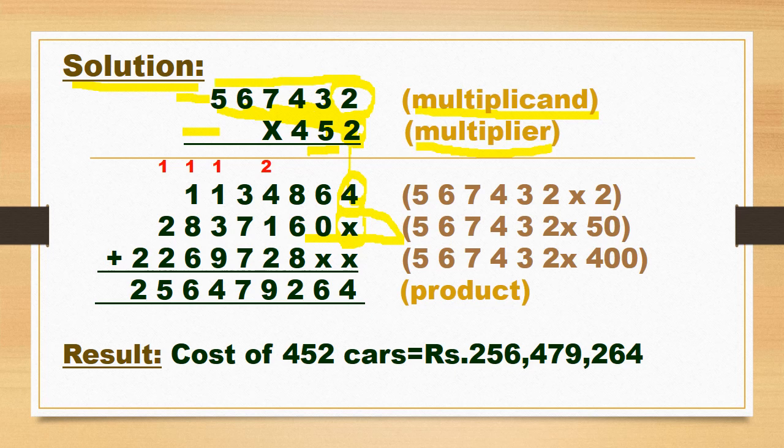Move to the hundreds place, that is 4. We have to multiply 4 by every digit in the top number.